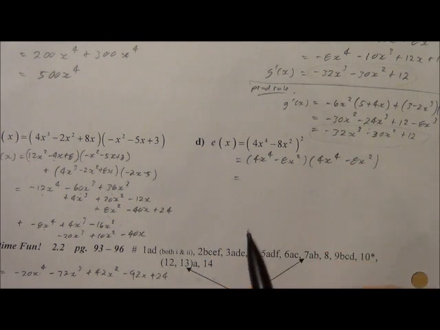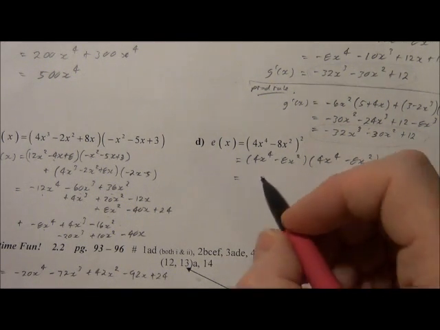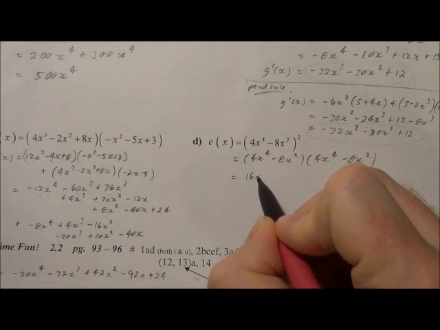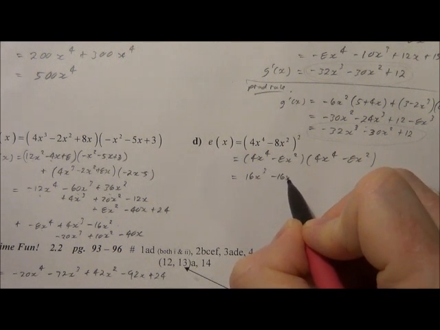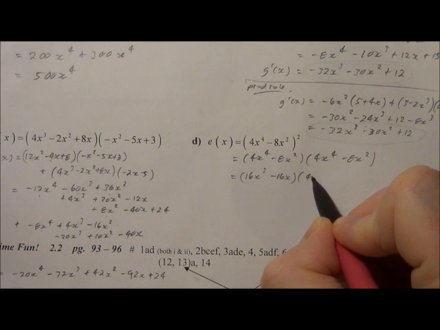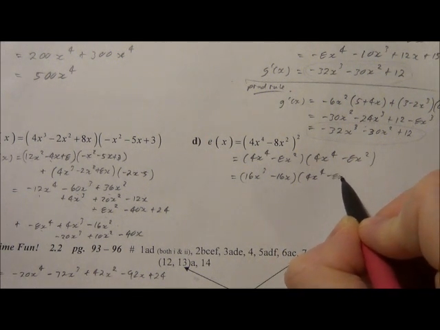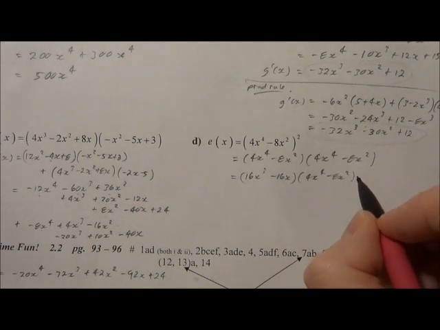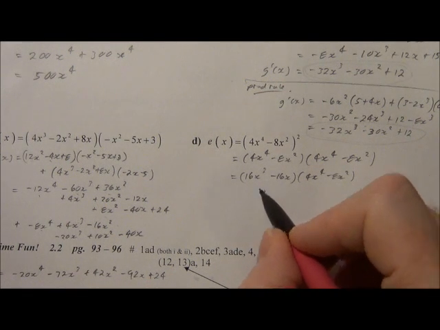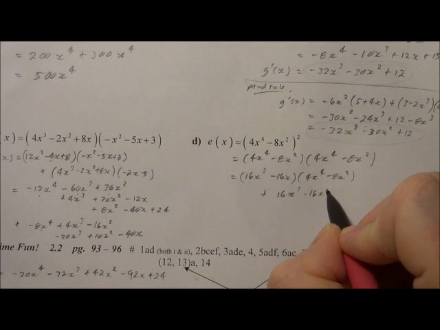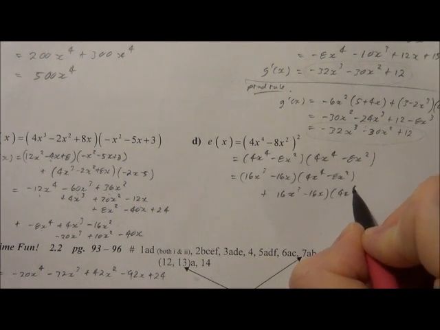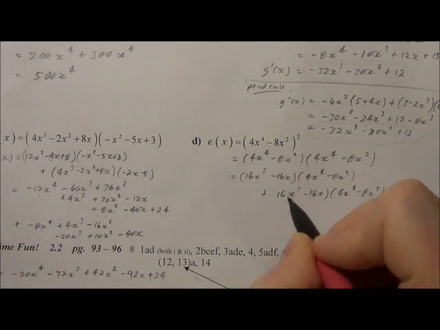And so we get, so we've got 16x cubed minus 16x times 4x to the power 4 minus 8x squared, plus, and it's the same thing, 16x cubed minus 16x times 4x to the power 4 minus 8x squared.